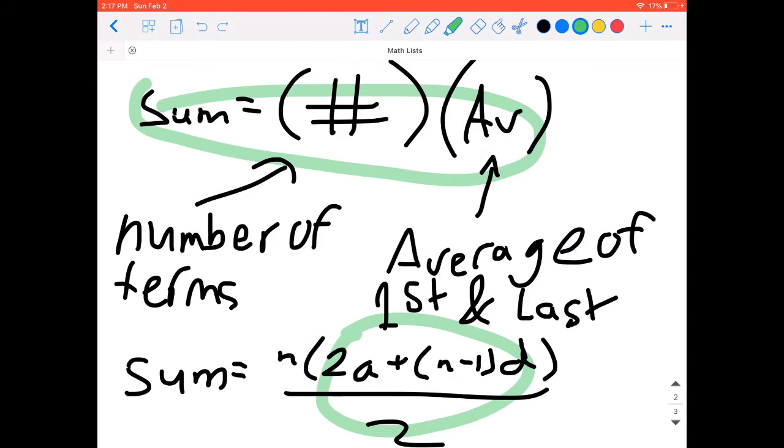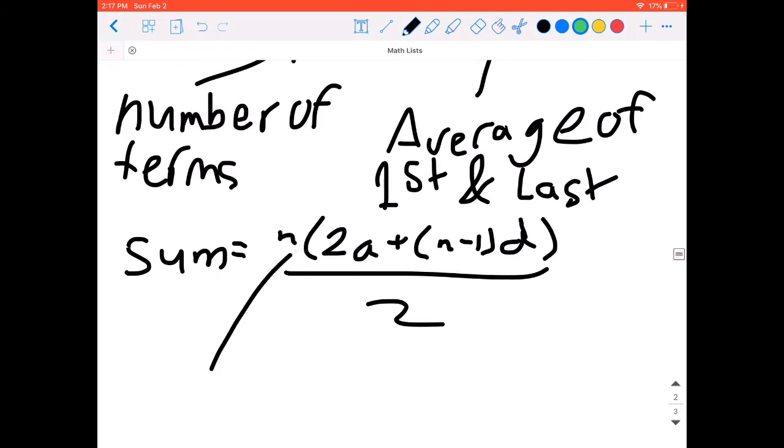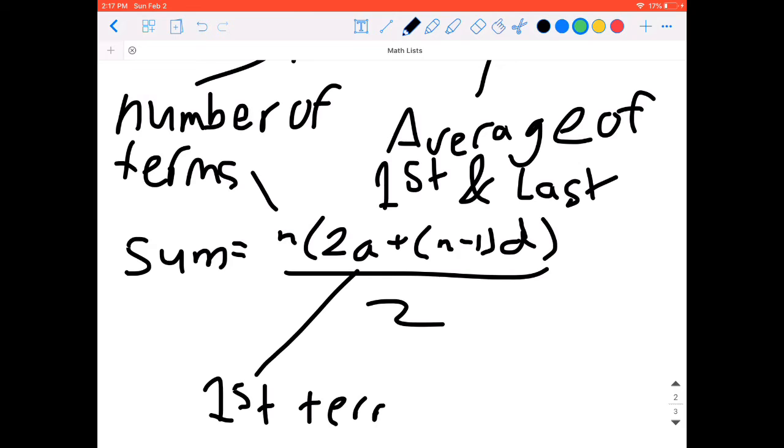So n is the number of terms, a is the first term, and then d is the common difference.